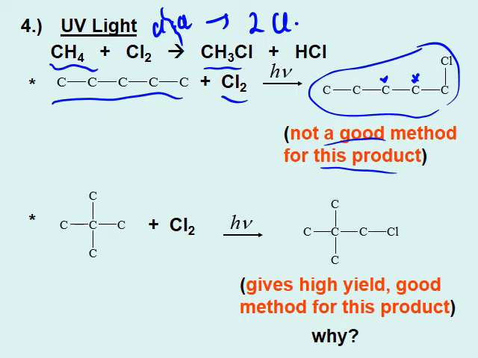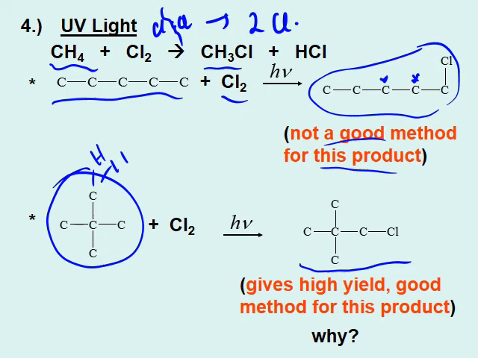On the other hand, if you look at the second reagent, we're saying that this is the high yield, and it's a good method for this kind of product formation. Now, why is that? Make sure you understand this. Each of the carbons bonded to the central atom has 3 hydrogens, this is a CH3 group. So Cl can replace any of these hydrogens and you can get a C-Cl bond like this.